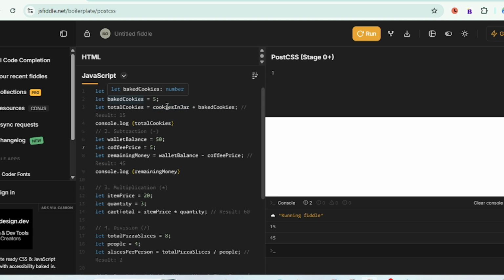So what it basically did here, it added both values declared. We gave it let total cookies equals cookies in jar plus baked cookies. So we console.log the total cookies, which we have here in the editor, which is 15, and here we declared both wallet balance and coffee price, with remaining money equals wallet balance minus coffee price, that is 50 minus 5, and we console.log the remaining money and it gives 45.